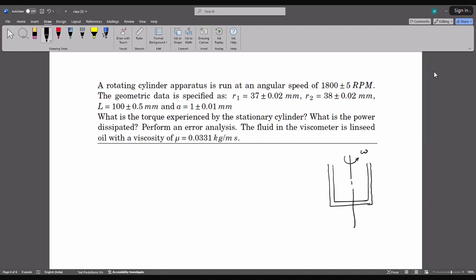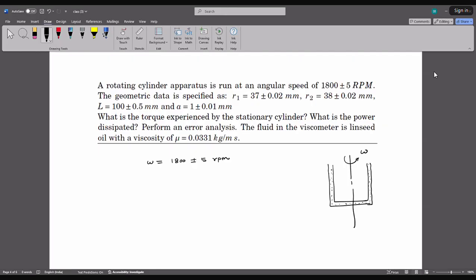This space is basically filled with the fluid whose viscosity we want to measure. This annular space is called the rotating cylinder apparatus for measuring viscosity, and this is run at an angular speed omega of 1800 plus minus 5 revolutions per minute.